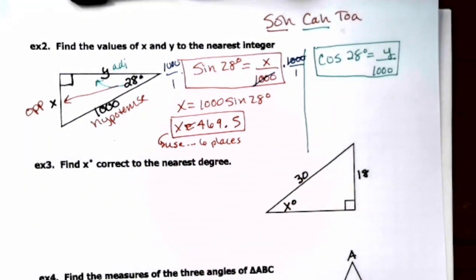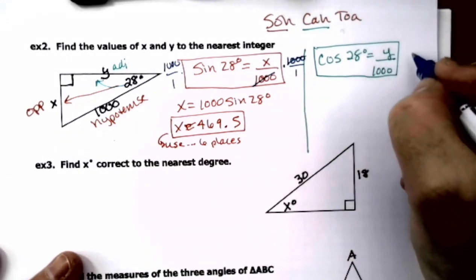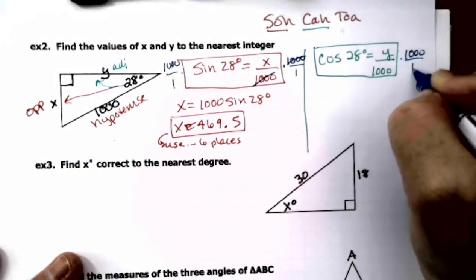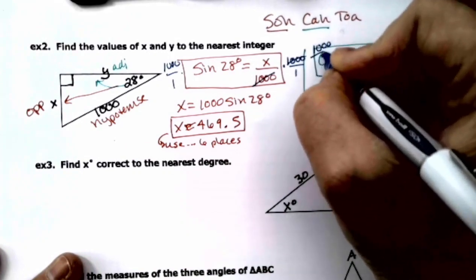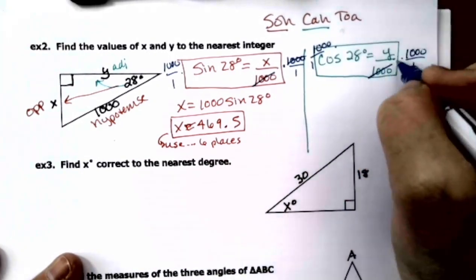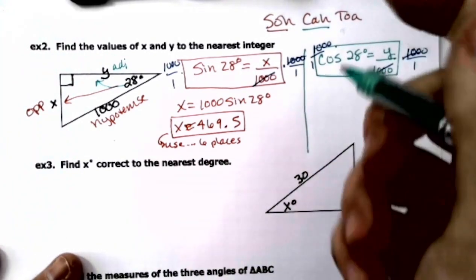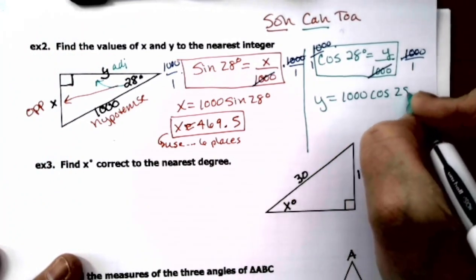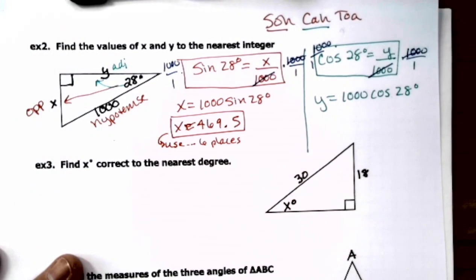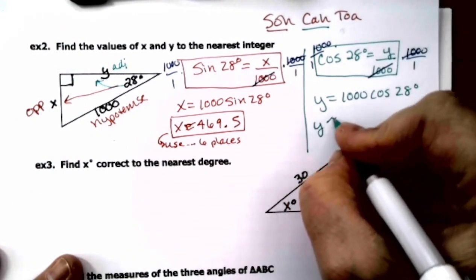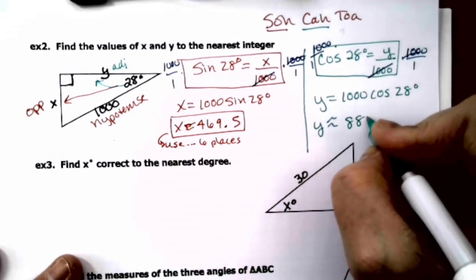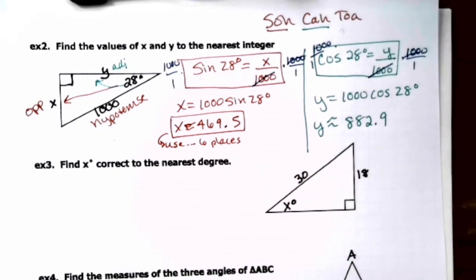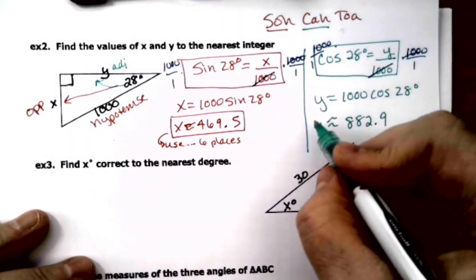And just like the first one, we need to get rid of the 1,000. So we're going to multiply by the reciprocal, 1,000 over 1. So the thousands cancel out, and I get y equals 1,000 cosine of 28 degrees. All right, running that through a calculator, I get y is 882.9 as my side length.